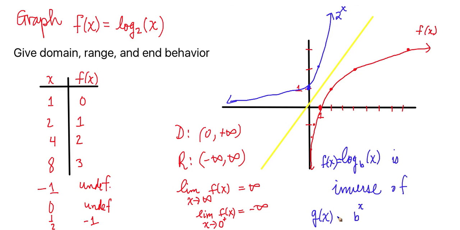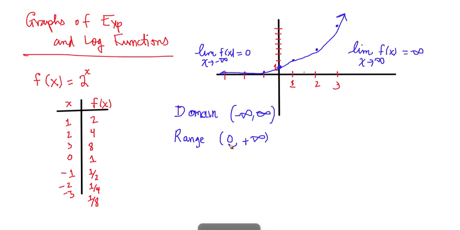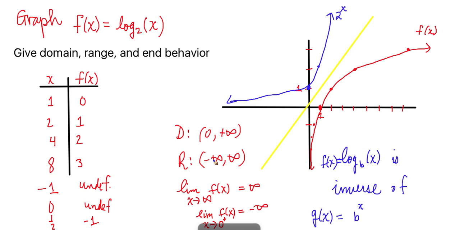The point is that these equations are actually inverses of each other. The input of one is the output of the other. The domain here for log is 0 to infinity. The range for the exponential is 0 to infinity. The domain for the exponential is all real numbers. The range for the log is all real numbers.